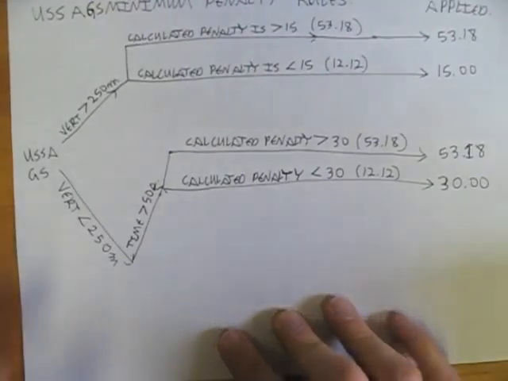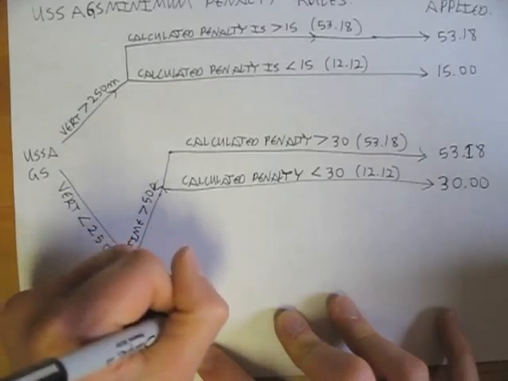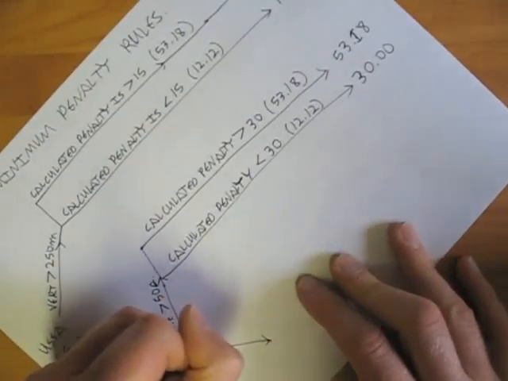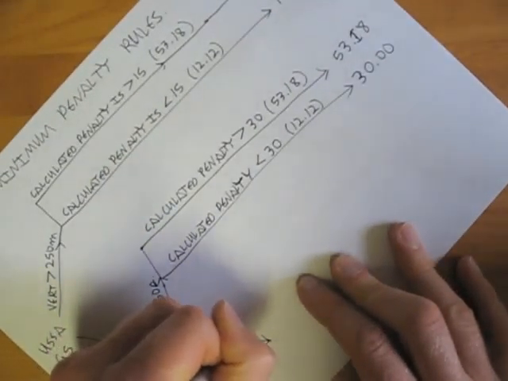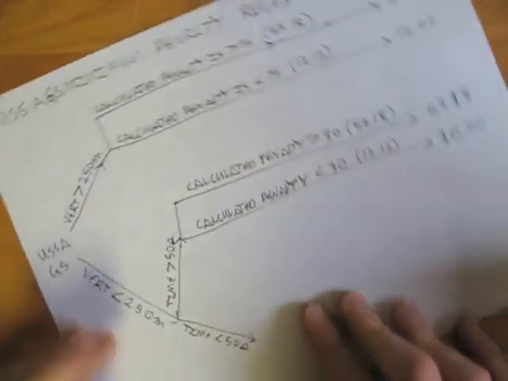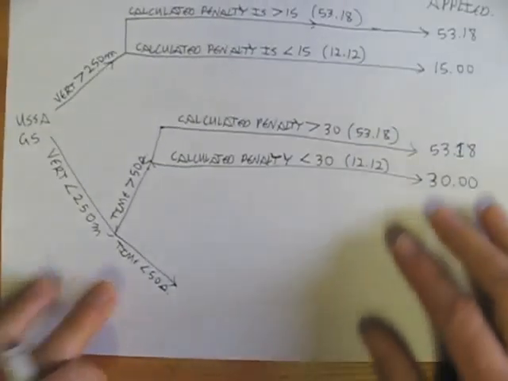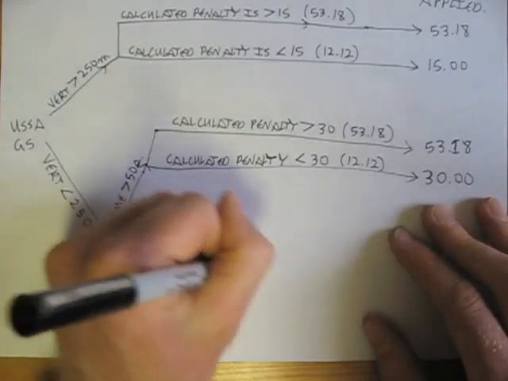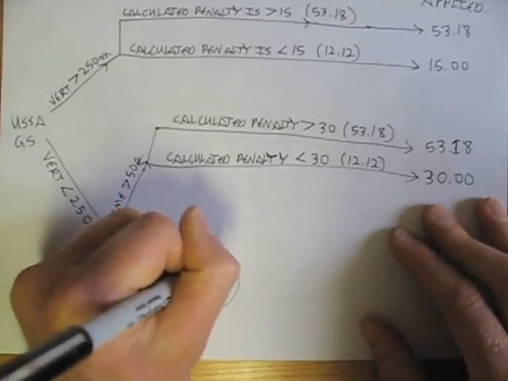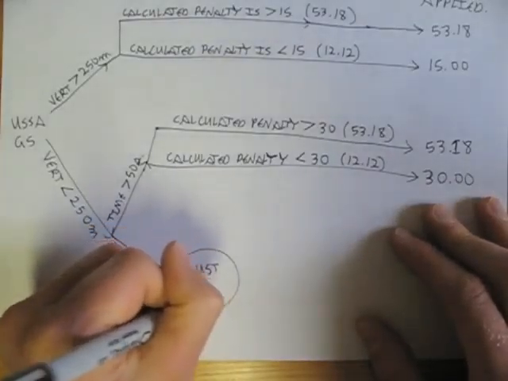Last thing I got is now if your time is less than 50 seconds, well, then you must add 17.